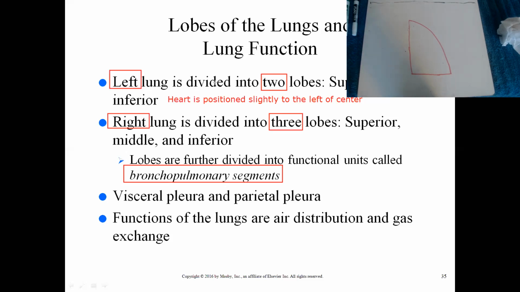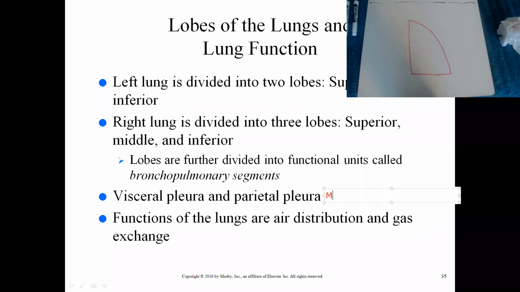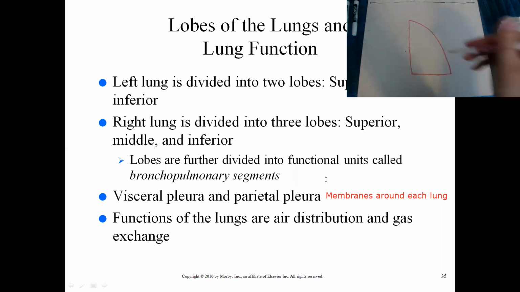The pleura are membranes around each lung. And I say each lung because the left lung has its own pleura and the right lung has its own pleura. So we'll just take this as one lung.